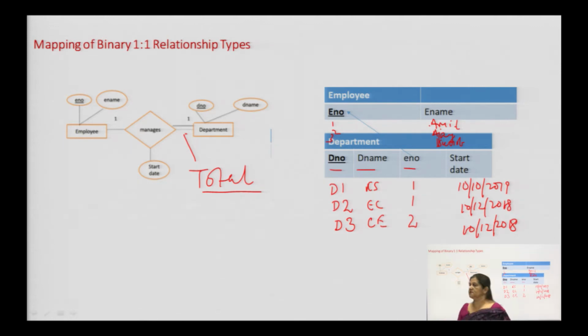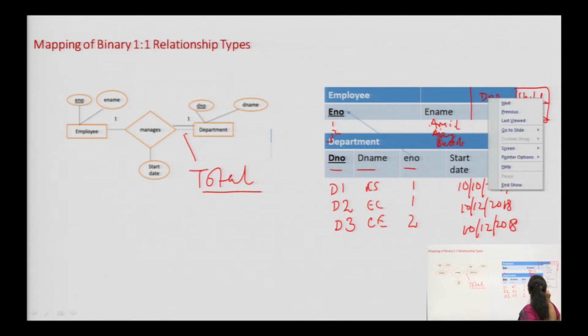Now, you may ask me why could we not have DNO, that is the key of this over here, and also the start date. Why could we not do this? That means not having these two here, but having them here.